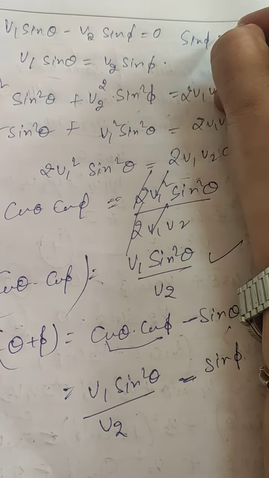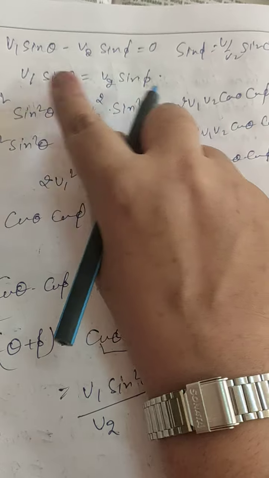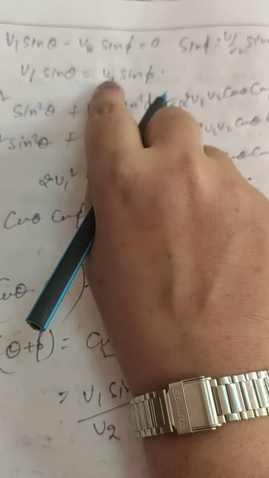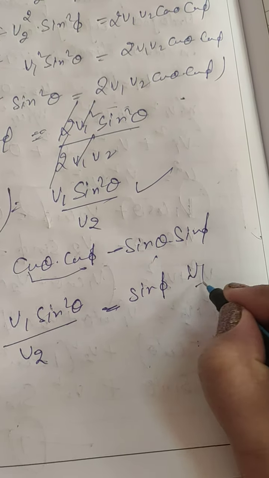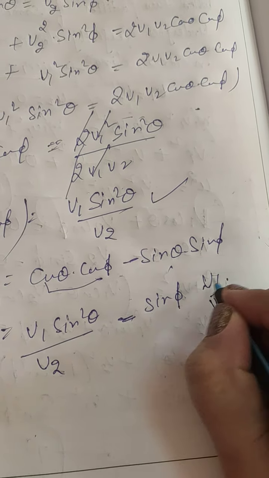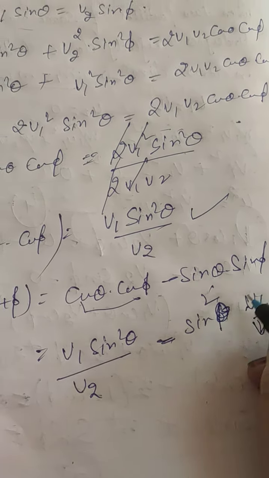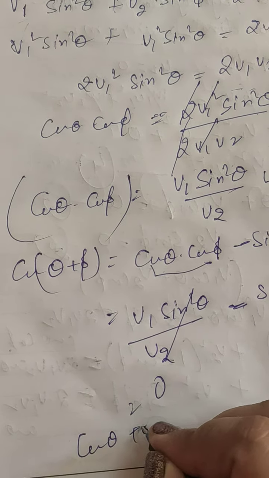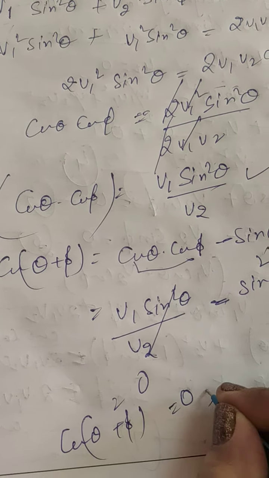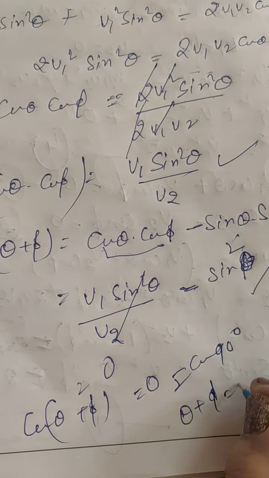Sin phi is equal to v1 by v2 sin of theta. Okay, v1 by v2 into sin theta. So v1 by v2 sin theta will become sin square theta. So this cancels out, comes out to be 0. So cos of theta plus phi is equal to 0, means equal to cos of 90 degree. It means theta plus phi is equal to 90 degree.